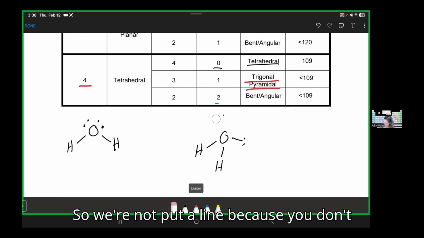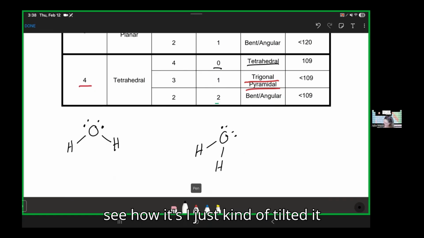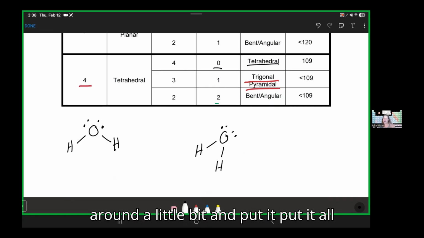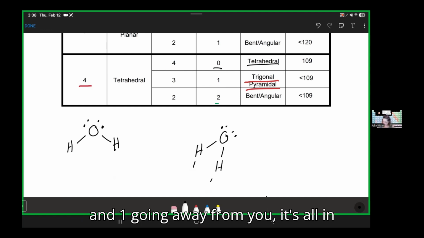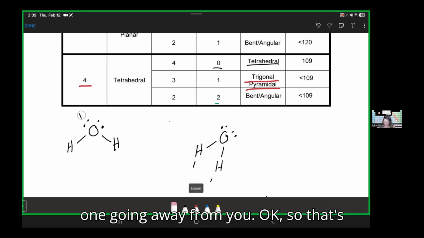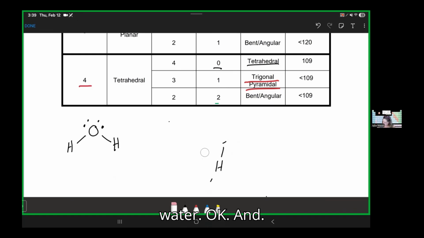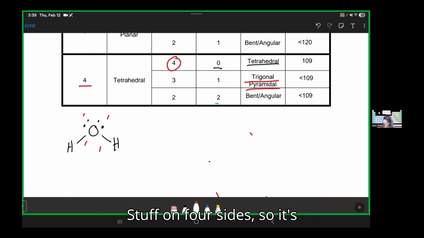We don't put a line because you don't bond a lone pair. See how I just tilted it around a little bit and put it all in one plane, instead of one coming at you and one going away from you? So that's water. It's got 4 groups around it, stuff on 4 sides, so it's tetrahedral in electron geometry.